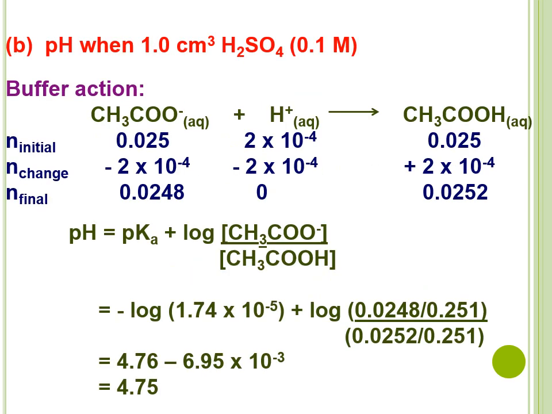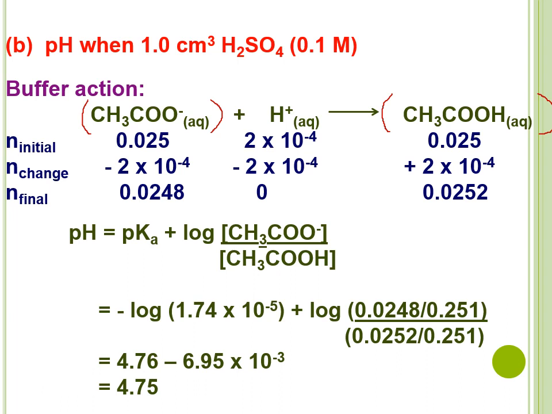Let's look at the buffer action now. The reaction is when we add H+, H+ is going to react with acetate ion, and we are going to form the acetic acid.